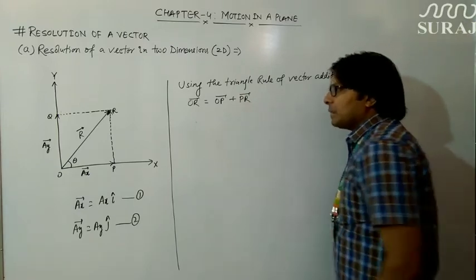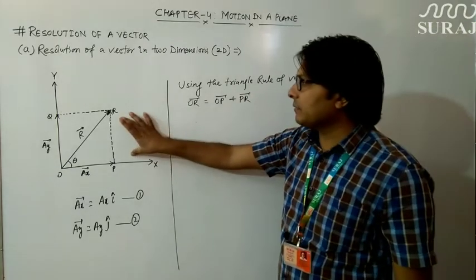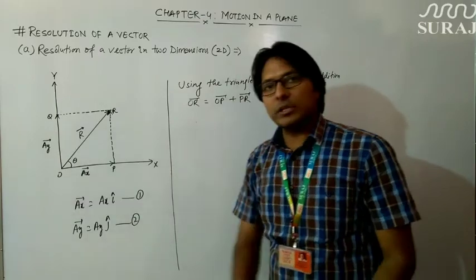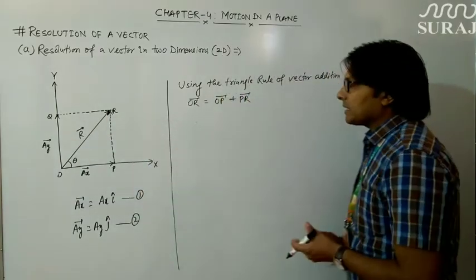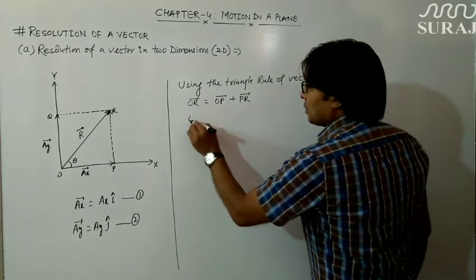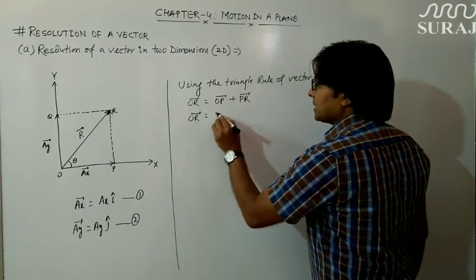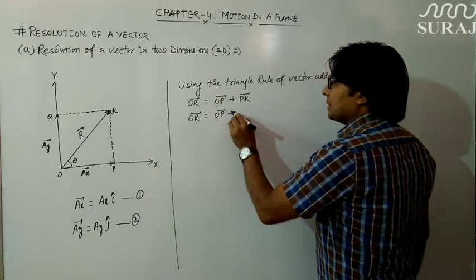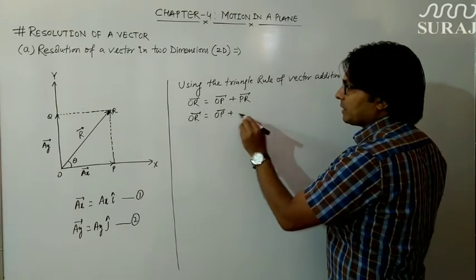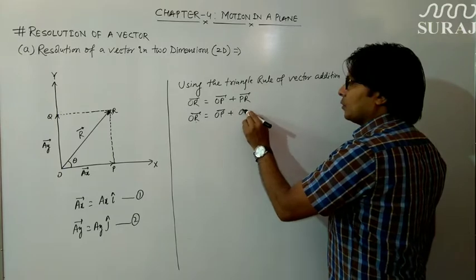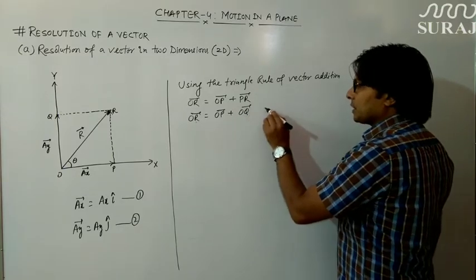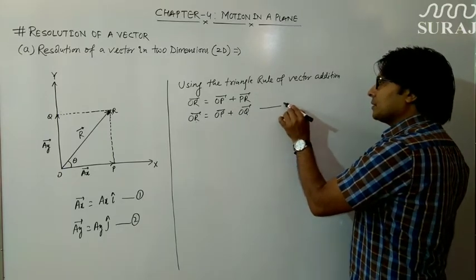Okay, in place of PR vector, can we write down this OQ vector? You will say definitely, because these are two parallel or similar vectors. So OR vector can also be written as OP vector plus OQ vector. Suppose this is equation third.